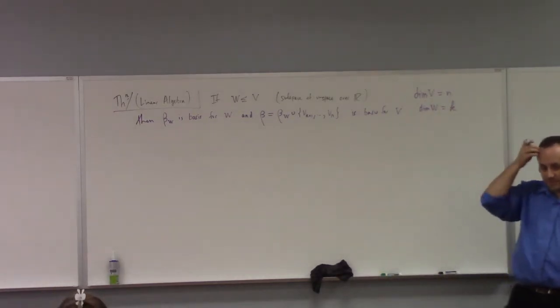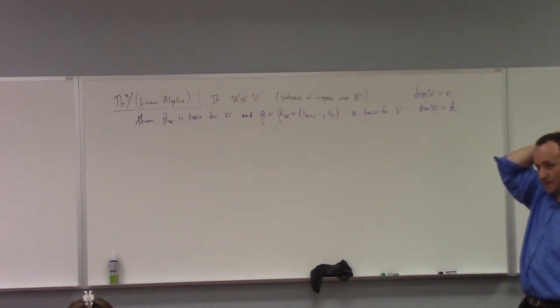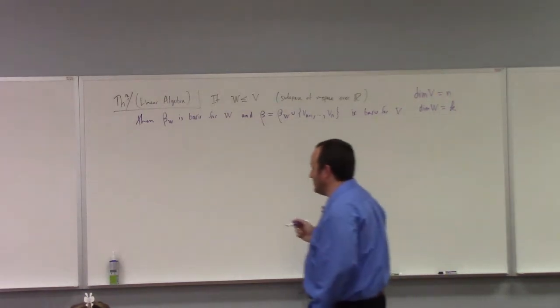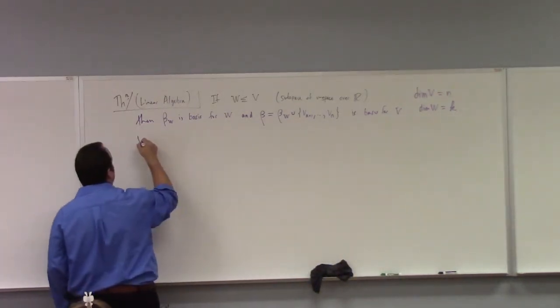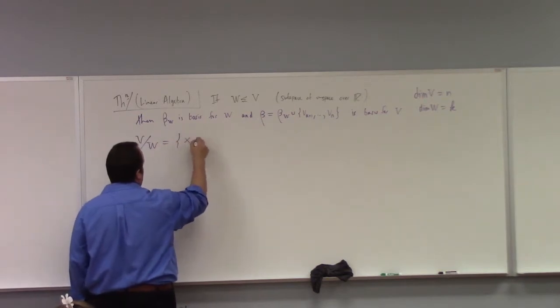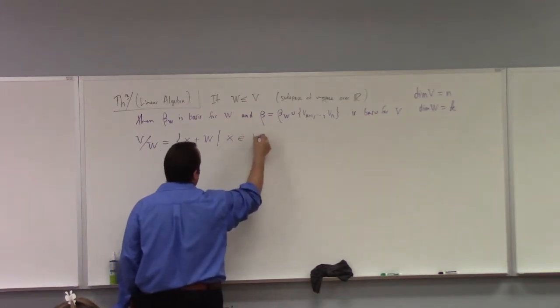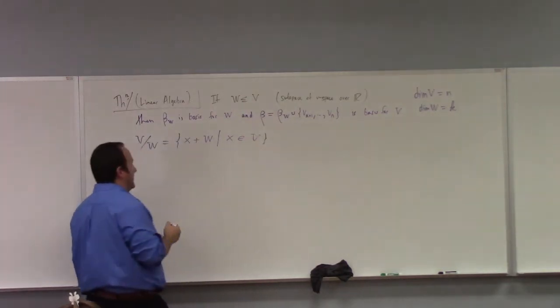What we proved is that a basis for the quotient vector space, remember what that was? V mod W. It was x plus W, such that x is in V, right? So this is the quotient vector space.